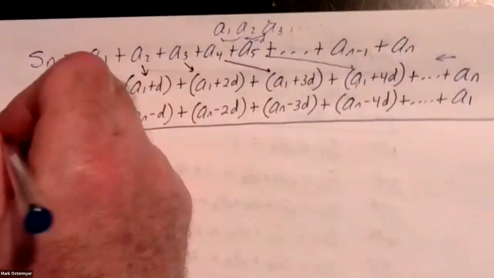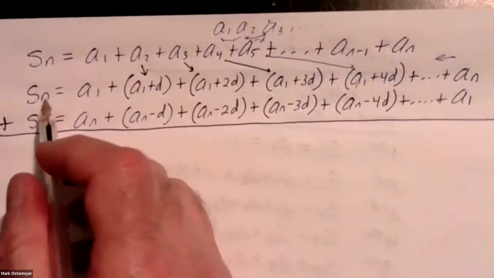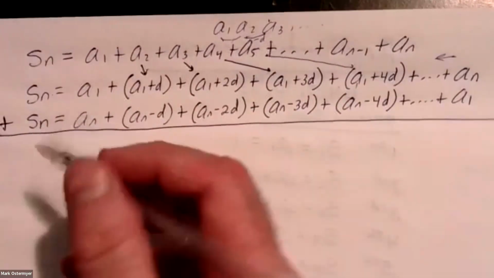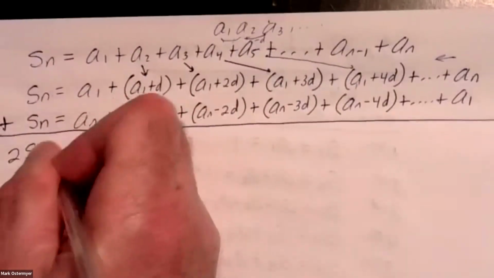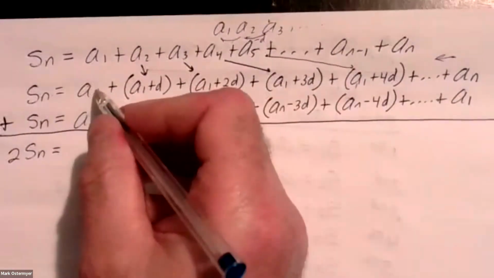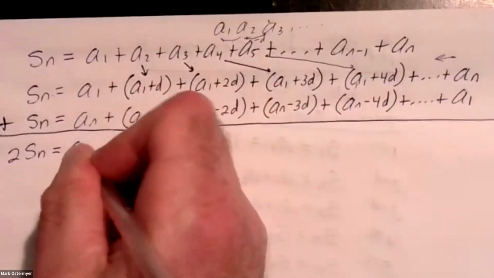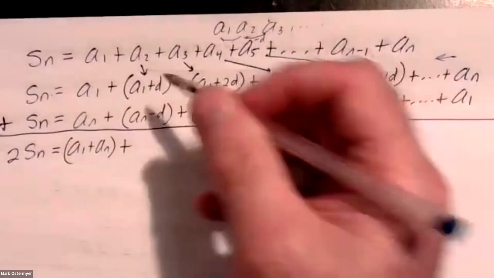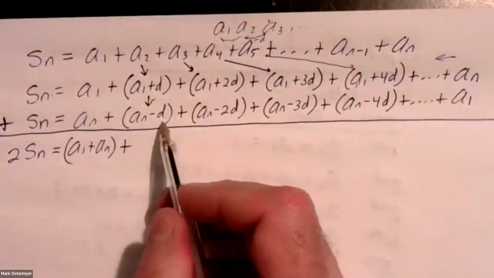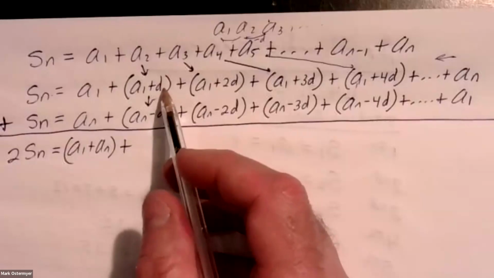Now, if I add these equations together, nth partial sum added to nth partial sum is 2 times an nth partial sum. First term plus the nth term is the first term plus the nth term. Now, when I add these guys together, what drops out? Notice the D's drop out.